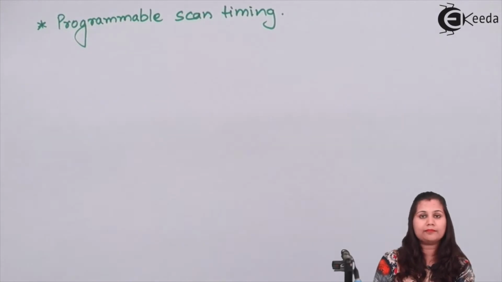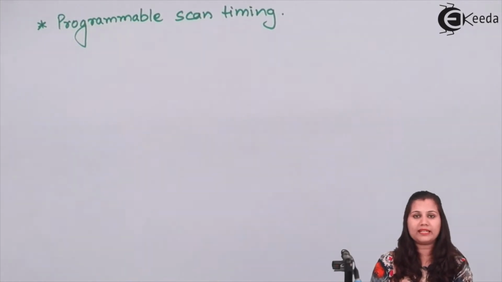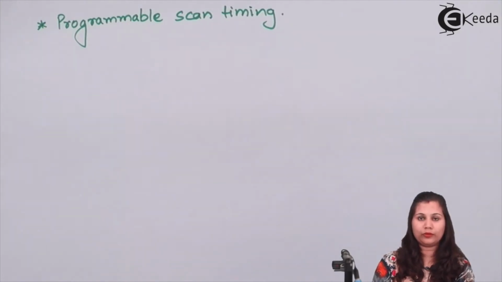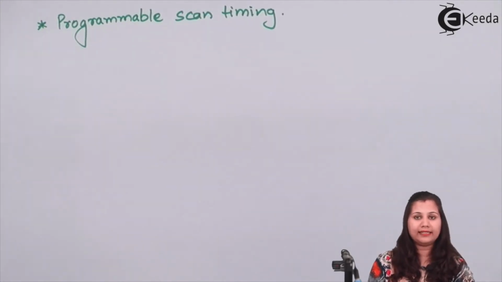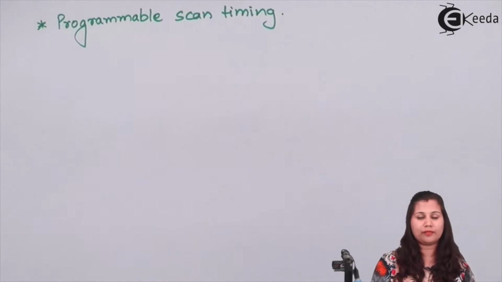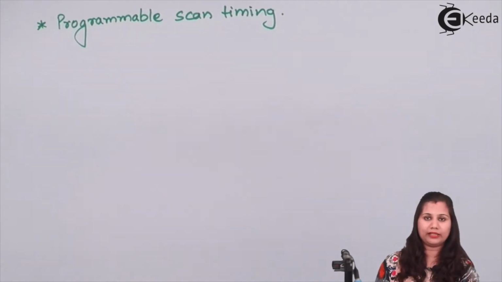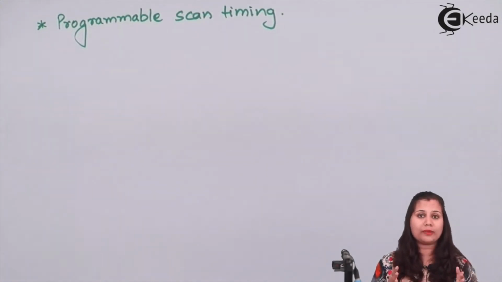Now let us come to the topic of how we can interface the 8279 with the CPU, because it is acting as an interfacing device between the central processing unit and the keyboard and display devices. So how can we interface both the CPU and the 8279? Let us see.